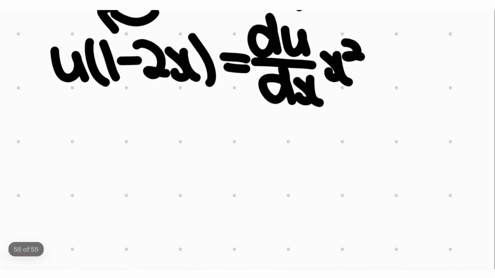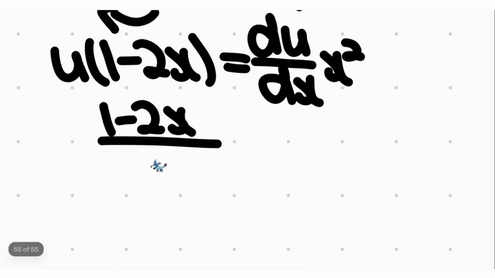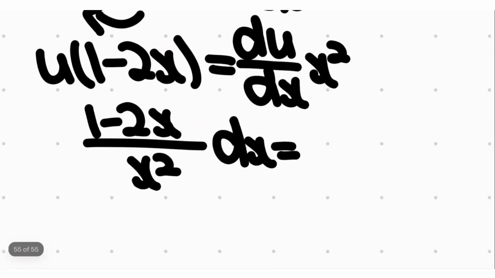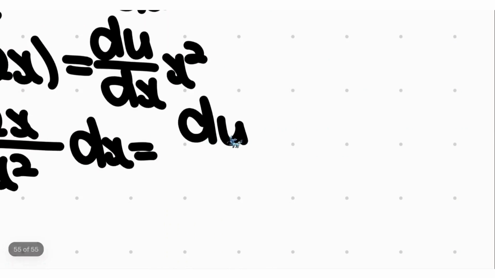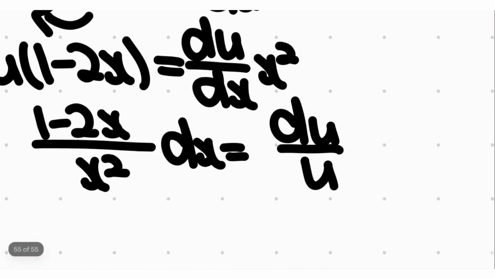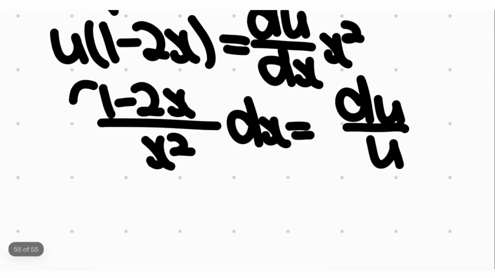And now it's separable, so combining everything here, we will get the differential equation (1 minus 2x) over x squared dx equals du over u. So I'm going to integrate both sides.